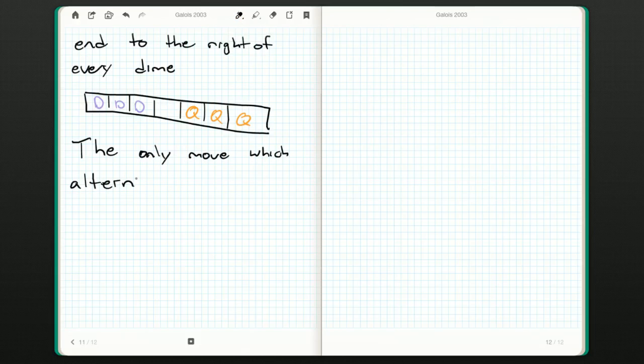If you shift and you were on the left of all the dimes, you're going to still be on the left of all the dimes because you haven't hopped over any dimes.